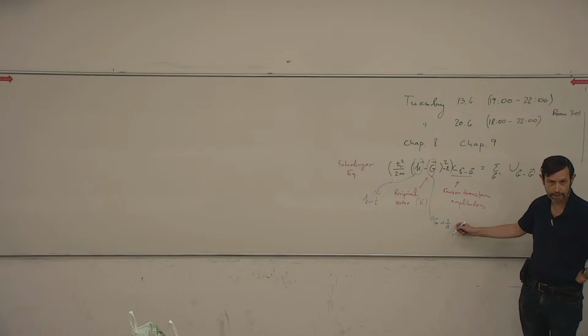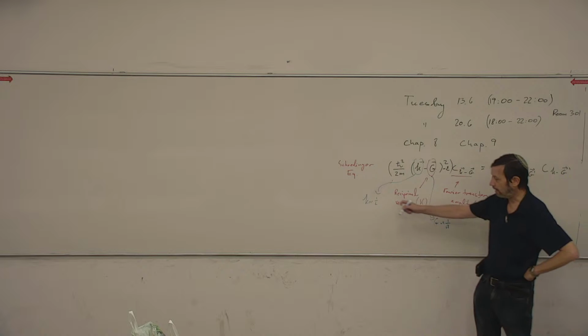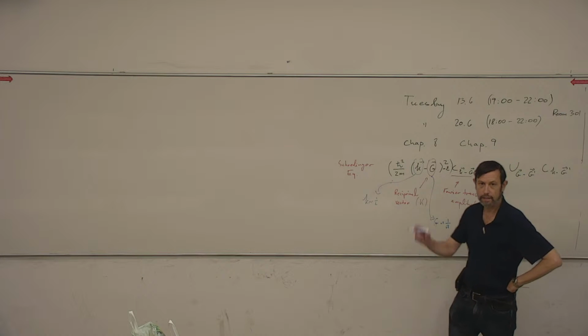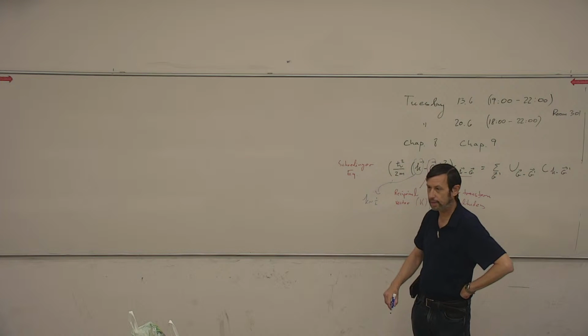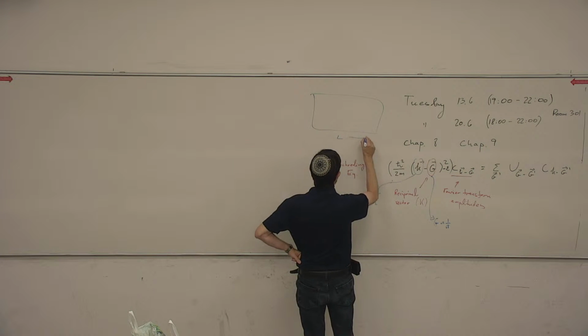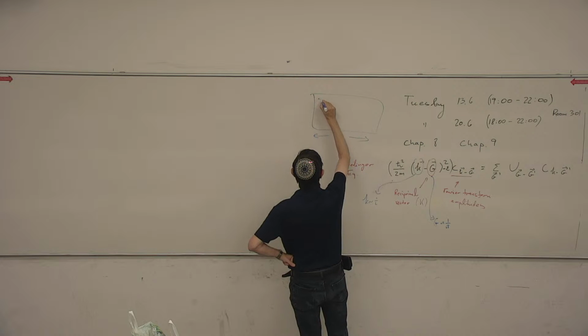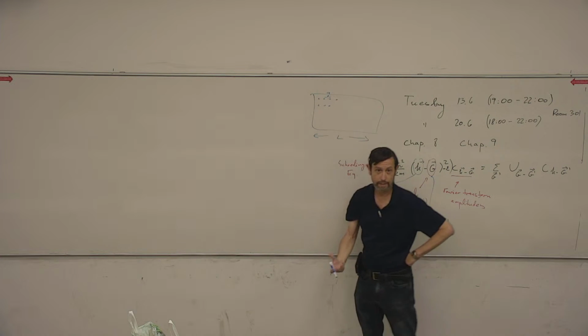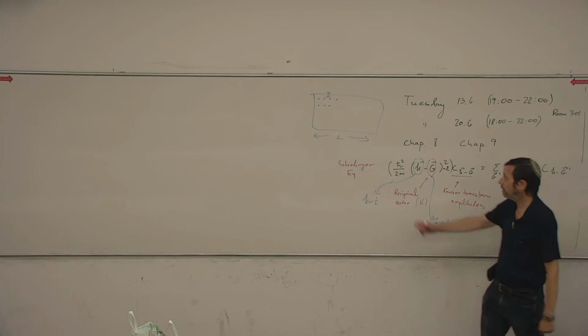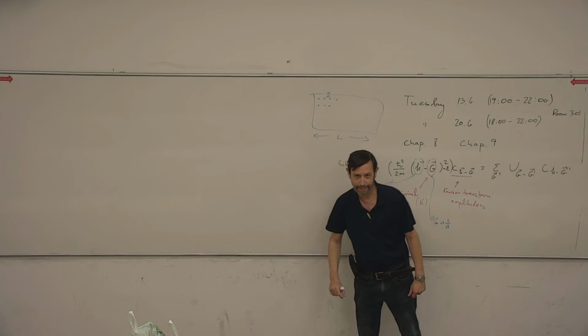You still have an infinite number of them, but you have a lot of small k's in between each of these G's. a is the lattice spacing and L is the size of the sample. So I'll draw it here. This is a and this is L. So as I said, 1 over L is much smaller than 1 over a.